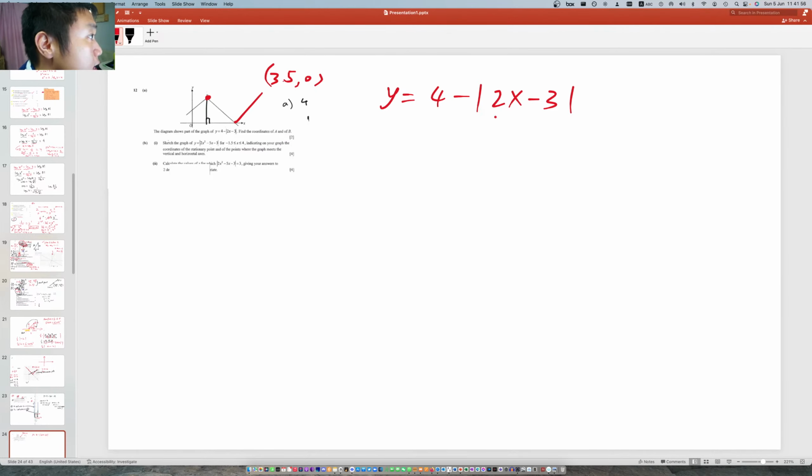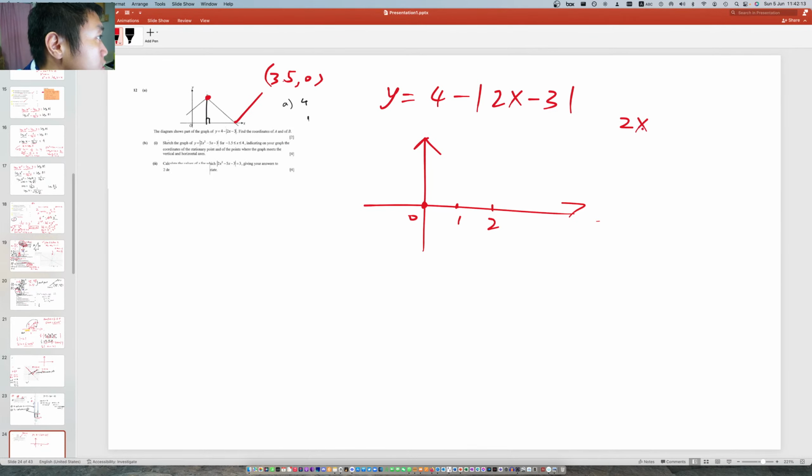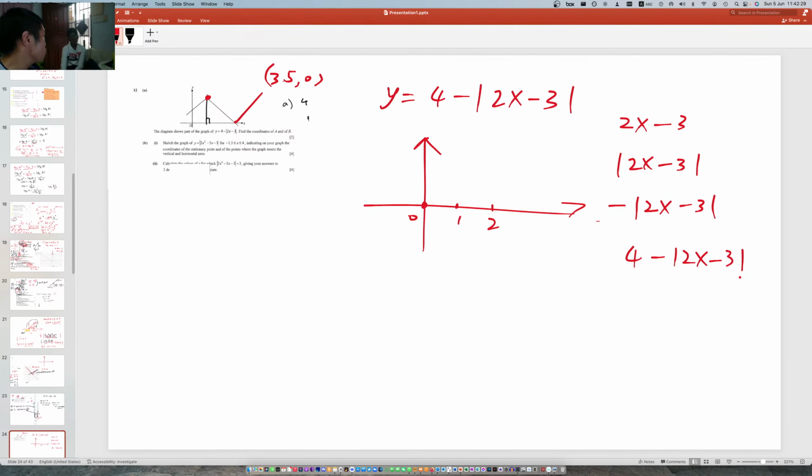Actually, you can sketch this out and see for yourself. Just give yourself a few points. Deconstruct this first, do this first, then do this, then do the minus. How do you draw an equation where there is a whole number that is not inside the modulus sign? I'm going to demonstrate.